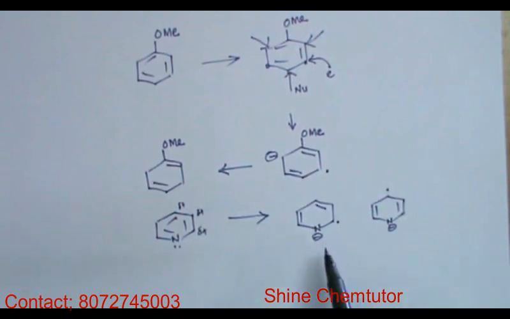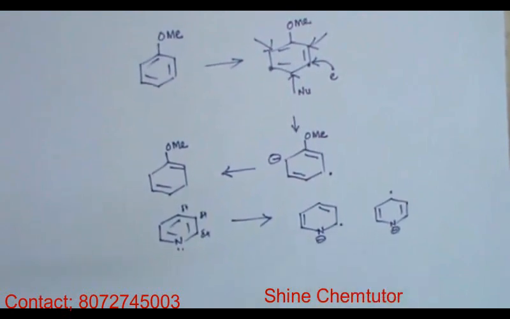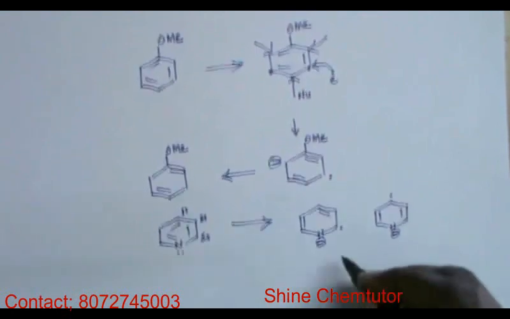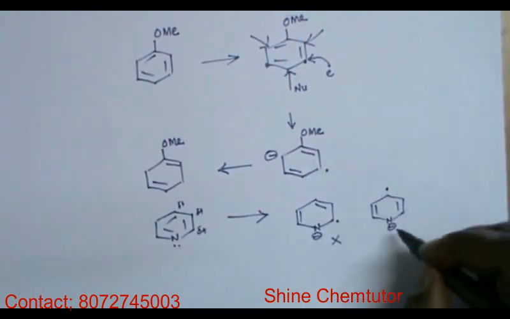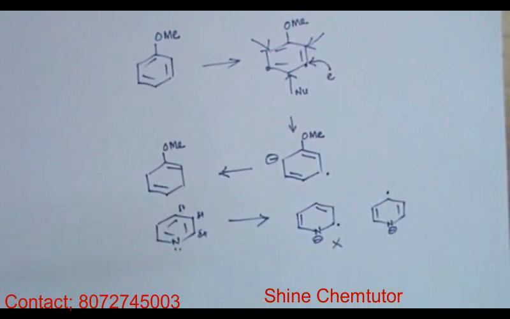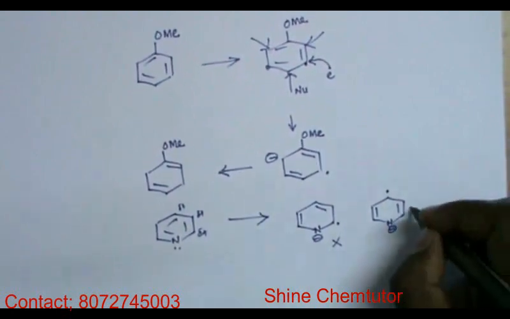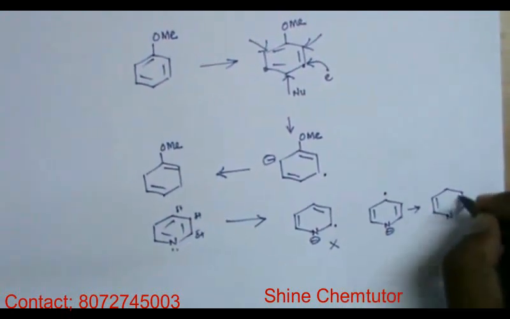So the nitrogen prefers to take the minus charge. After that, if I place the electron here, the minus and the electron are very close, so this is not preferred. On the other hand, in this, the minus charge and the electron have been separated by maximum distance, so this is more preferred. Because of that, the product we get will be like this.